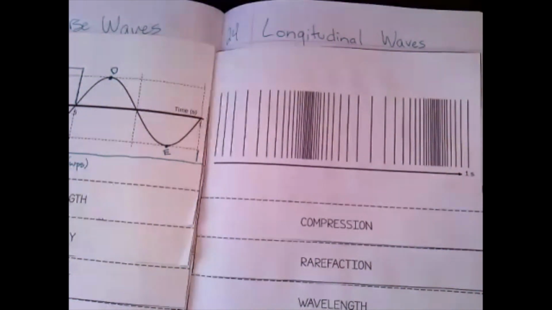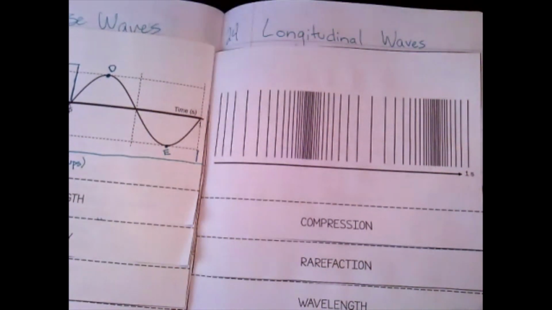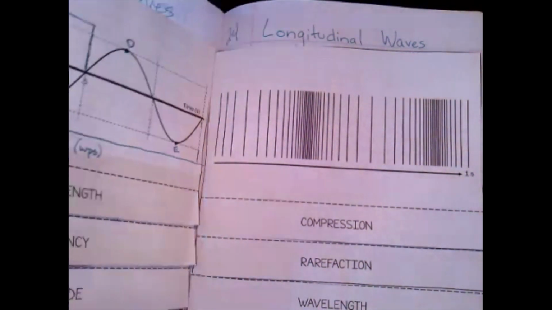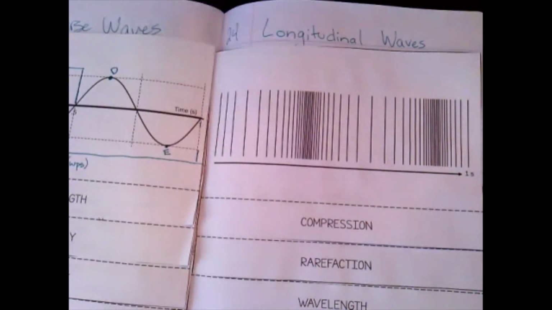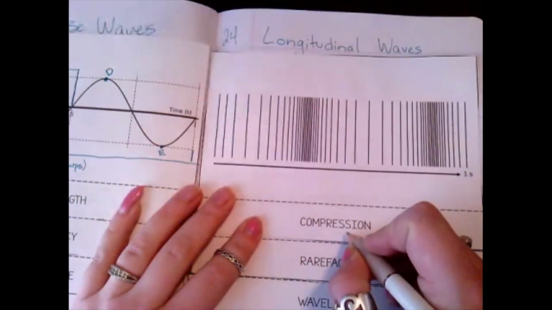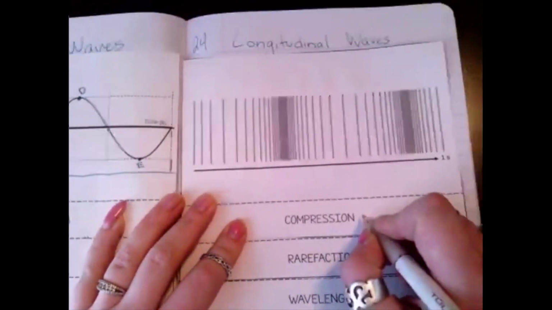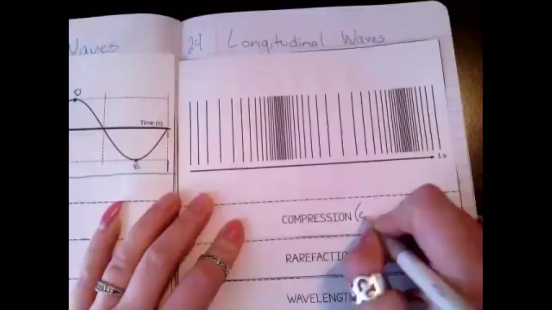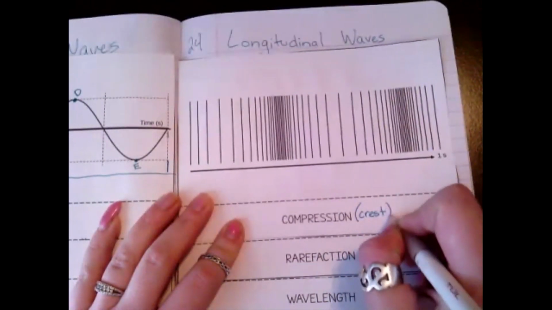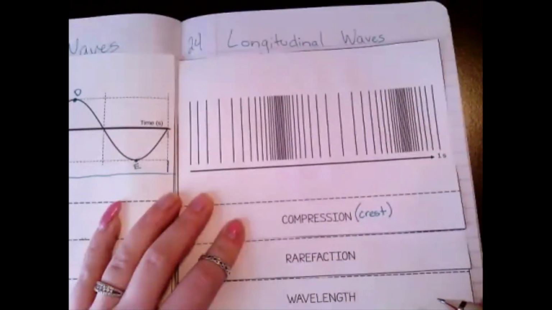Nathan A. and Gavin, yes. Daniel, do you want to tell us what it is? Okay, it's a crest. A compression is very much like the crest of a transverse wave.